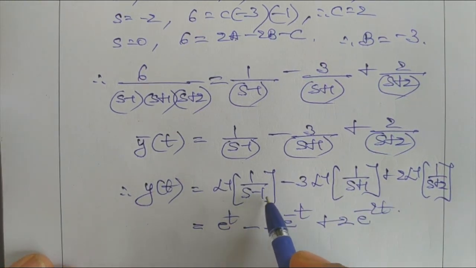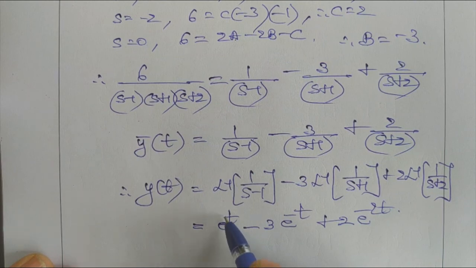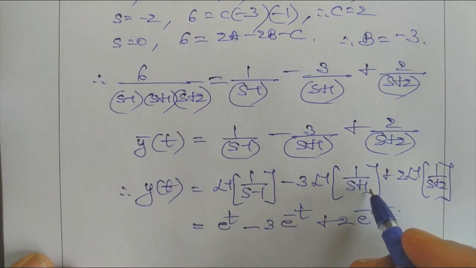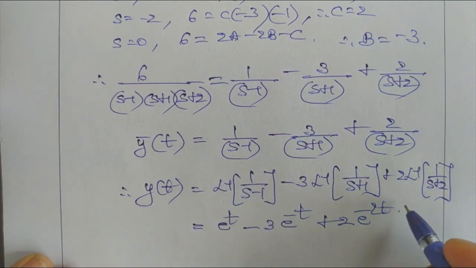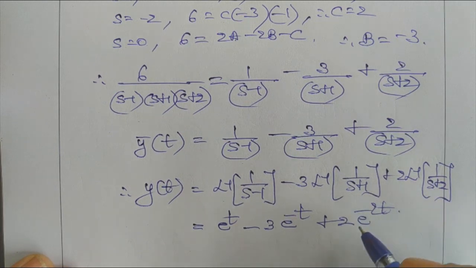Because 1 divided by s minus a with a is 1 gives e to the power of 1 into t. 1 divided by s minus of minus 1, a is minus 1, gives e to the power of minus t. 1 divided by s minus of minus 2, a is minus 2, therefore 2 into e to the power of minus 2t. This is your answer.